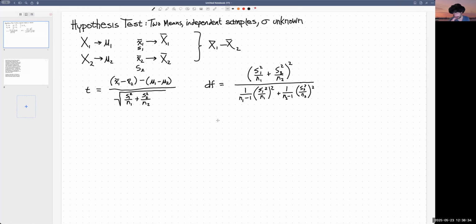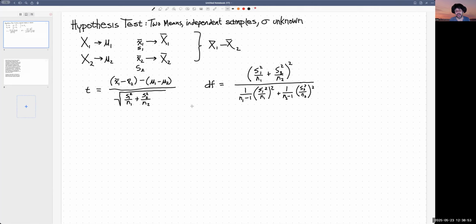There is also often a slightly different version people will use, a much easier thing to compute, but it also makes it harder. Sometimes people call it the conservative estimation of the degrees of freedom.